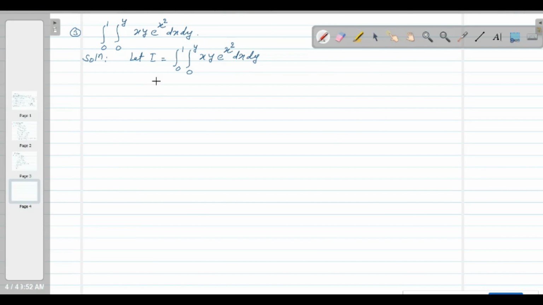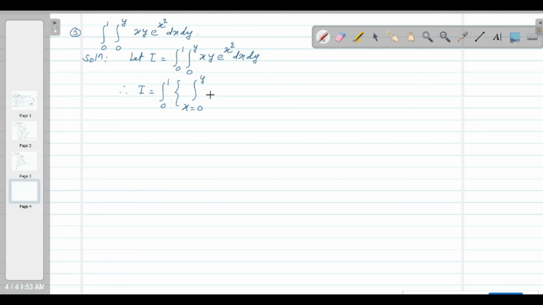Which limit will we evaluate first? This is the limit of x, so we write integration of limit x equal to 0 to x equal to y.